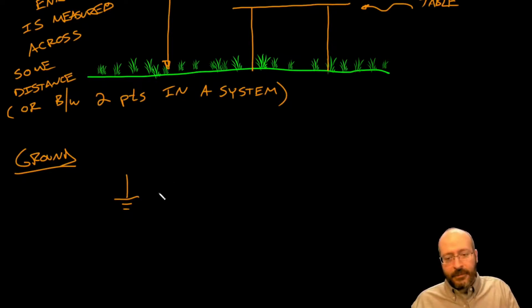Okay, so the first one I'm going to talk about is drawn like this, and we've got 3 lines. So it's a vertical line and 3 horizontal lines, and this is called an earth ground.